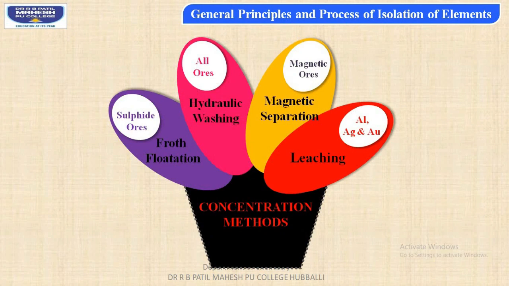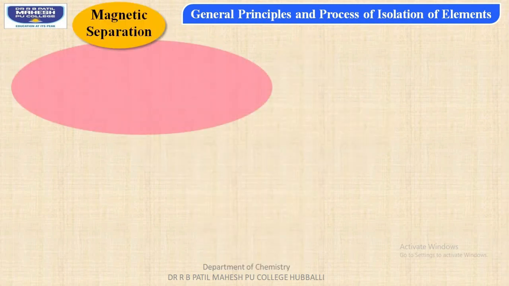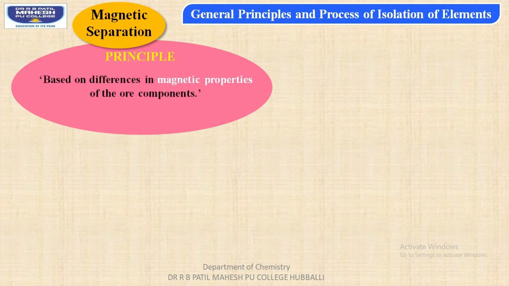So let's proceed with the third method for the concentration of the ore, that is magnetic separation, and this method, students, would be applied for only magnetic ores. In this magnetic separation, let us first consider the principle involved. Based on differences in magnetic properties of the ore components, magnetic separation works.